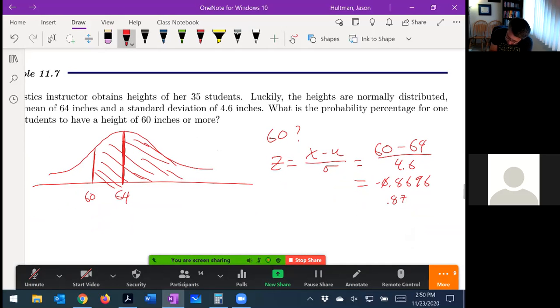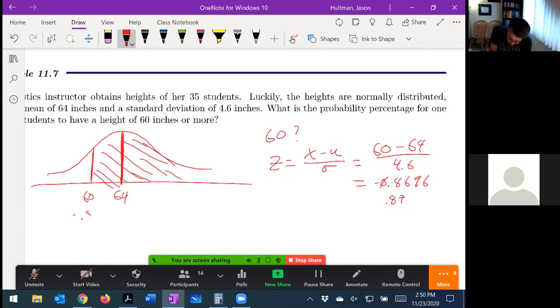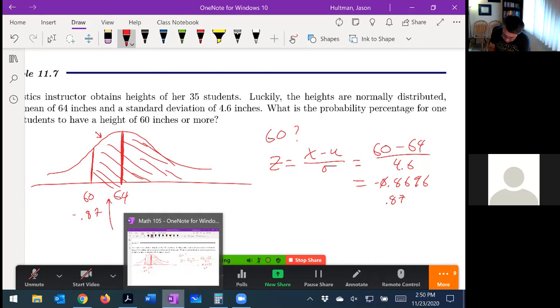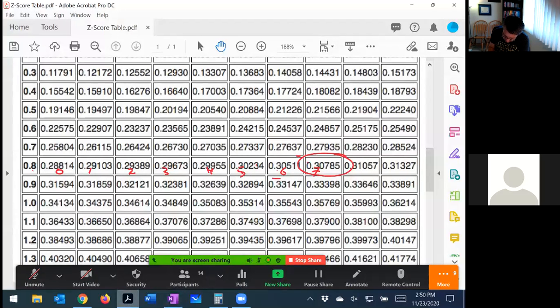So this has a z-score of negative 0.87, which tells me that the area between the mean and this is going to be, what did we say it was? 0.30785.